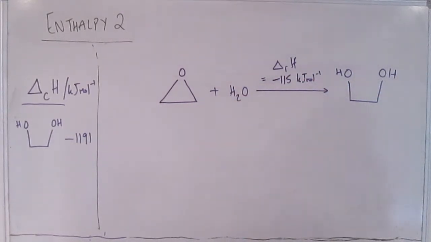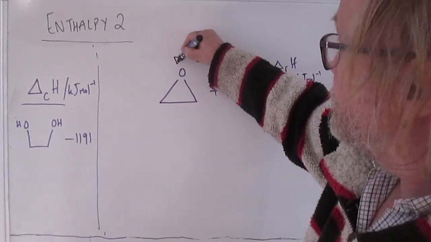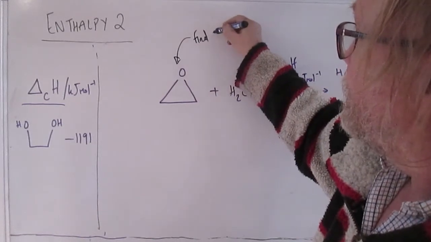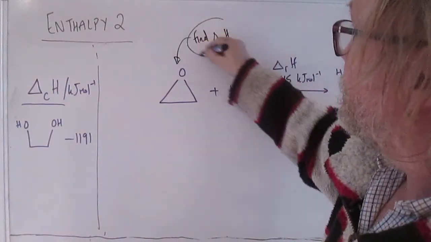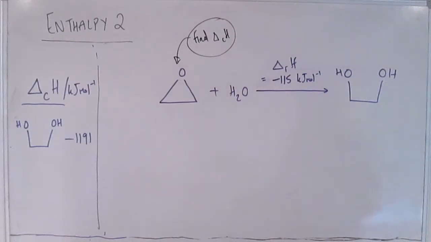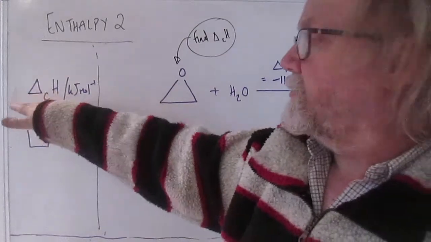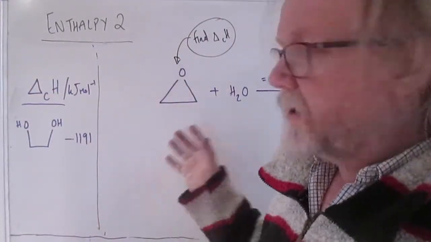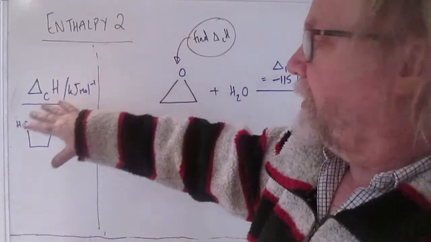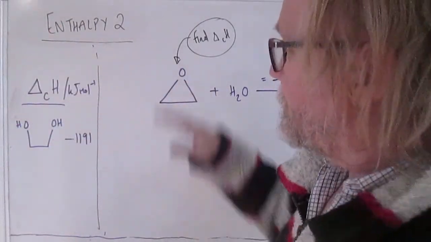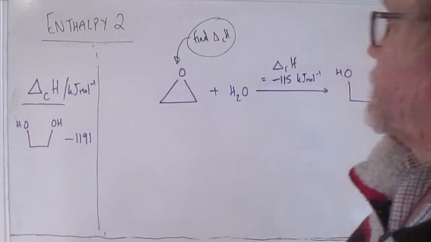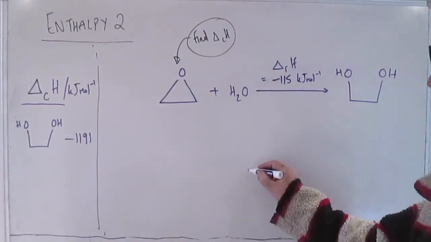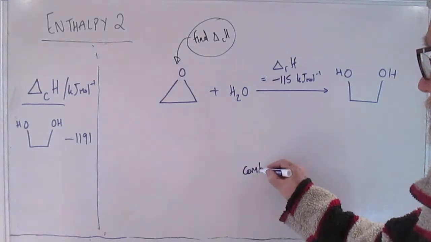Okay, so the job here is going to be to find the enthalpy change of combustion for epoxy ethane. So as soon as you see that the data you're using are combustion data, that's the crucial thing. You look at the data that you're going to be using in the calculation. If they're formation data, you do a cycle involving elements, but they're not. They're combustion data, so you do a cycle involving combustion products.